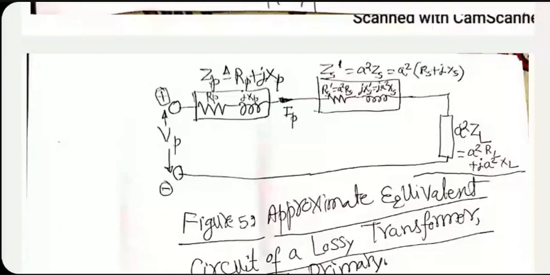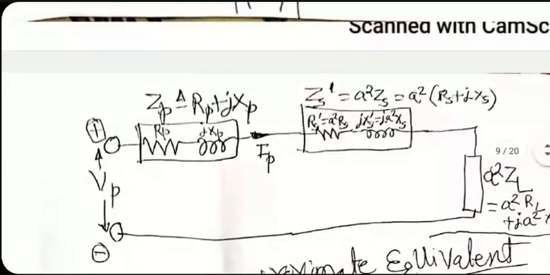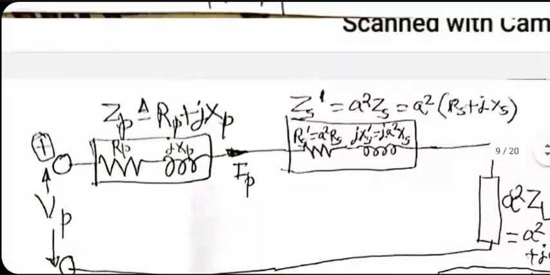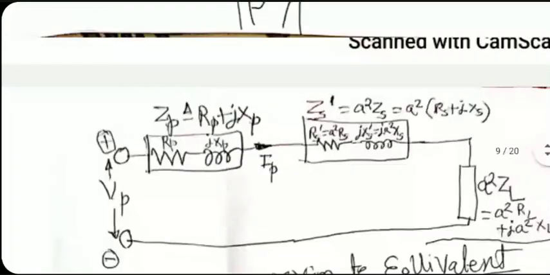I'm calling it Zs with a prime sign on it. Then you sum up all the impedances and divide the value of Vp by the total impedance in the circuit to calculate the IP going into the transformer.